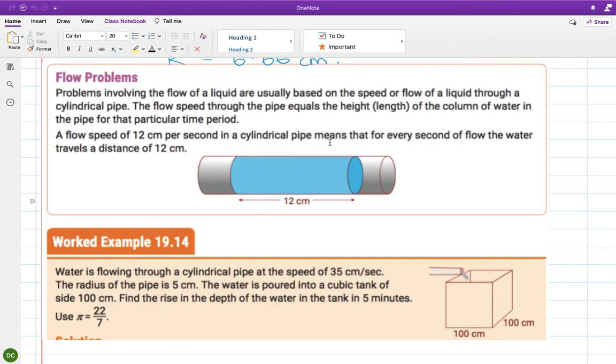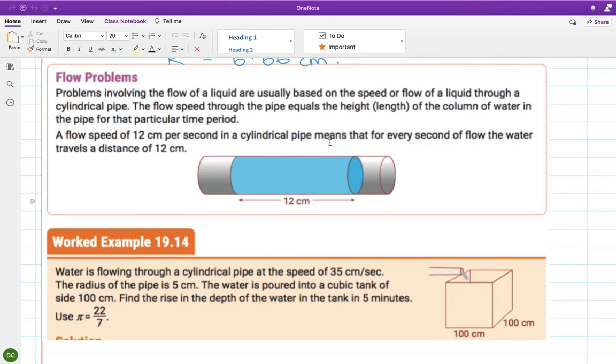Okay, so problems involving the flow of liquid are usually based on the speed or the flow of liquid through a cylindrical pipe. The flow speed through the pipe equals the length of the column of water in the pipe in that particular moment. Okay, so if it says a flow speed of 12 centimeters per second in a pipe, it's hard to do this without showing you, I feel like I need hand gestures for this one.